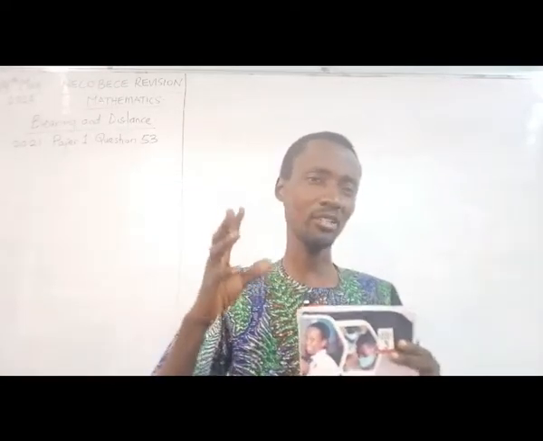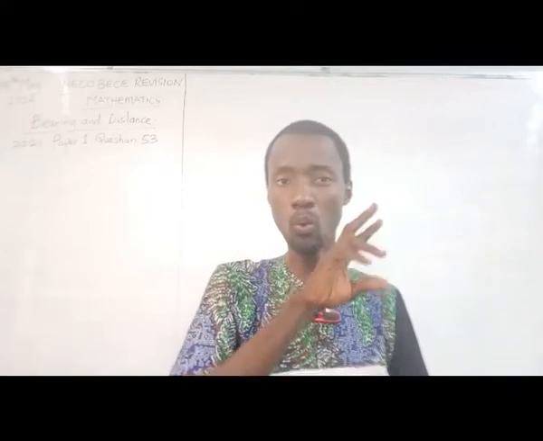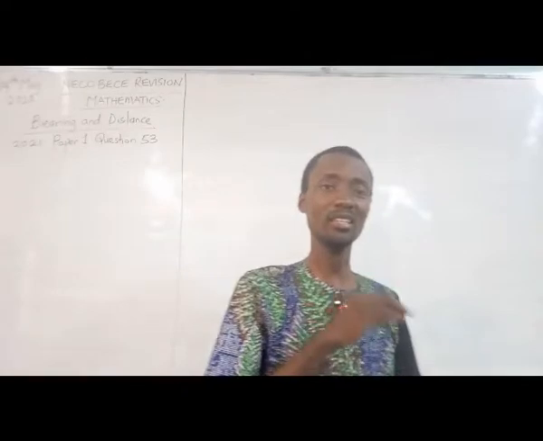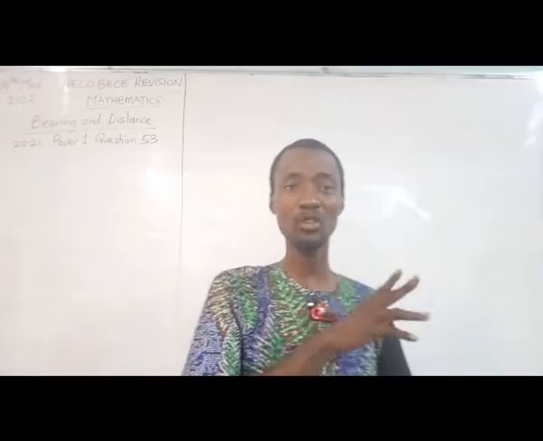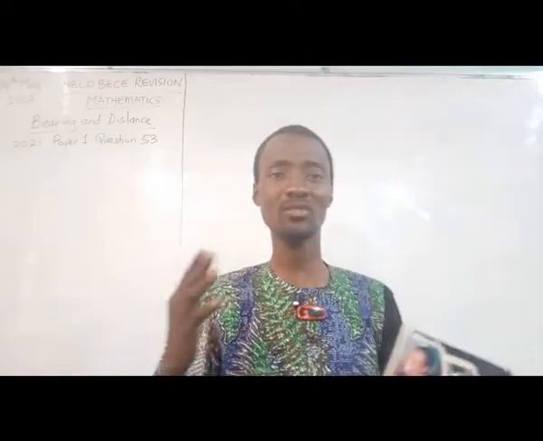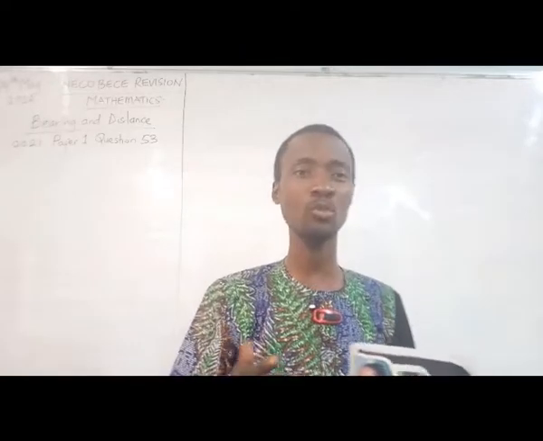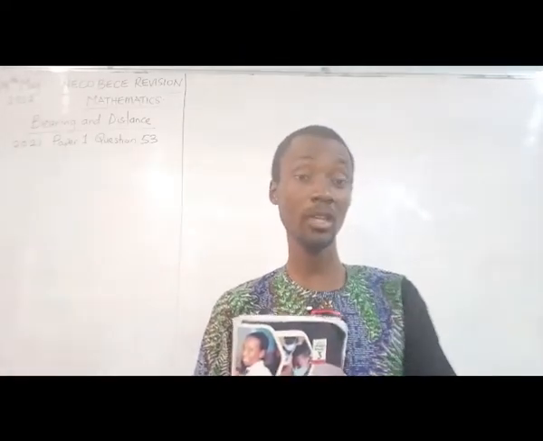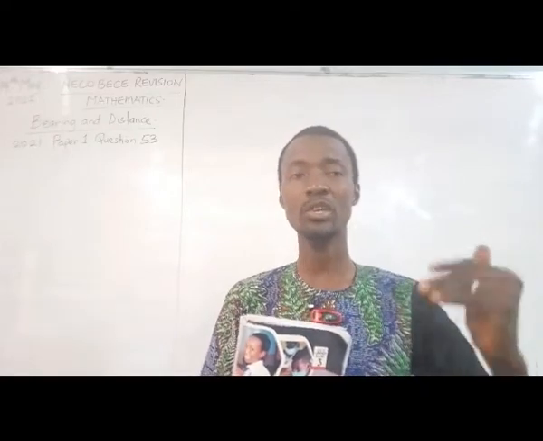Paper 2 essentially talks about algebra. Paper 1 essentially focuses on arithmetic and a bit of mensuration. So when preparing for this exam, you must know the areas that are tagged to the different papers so that you know what questions to expect.